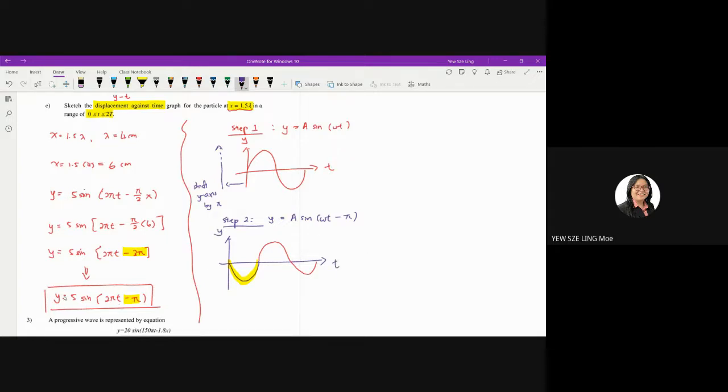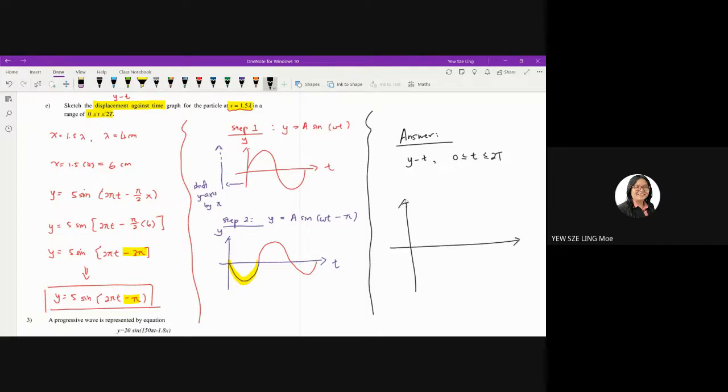Because there's no negative sign in front of the equation, you don't need to flip it over. So now the final answer would be the y against t graph, where t is between 0 and 2T, 2 times the period. So this is the shape.